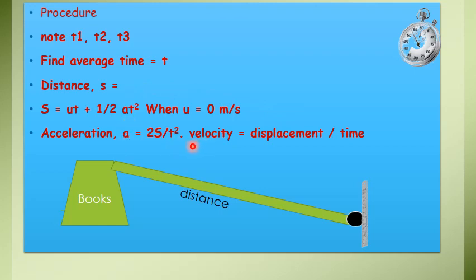And when you know the distance or displacement, you can calculate the velocity, that is displacement by time. So you can calculate both using this experiment, if you know the time and distance. The acceleration formula is a is equal to 2s by t square and velocity is equal to displacement by time.